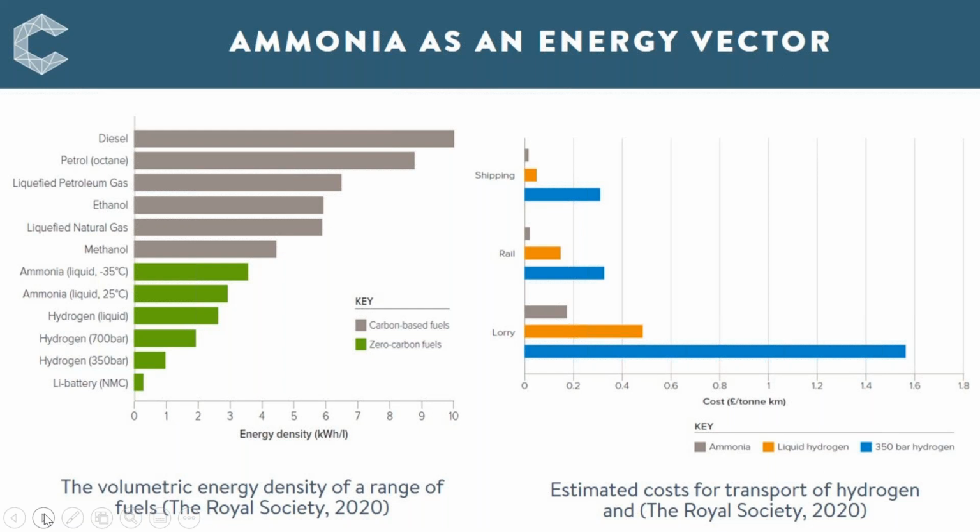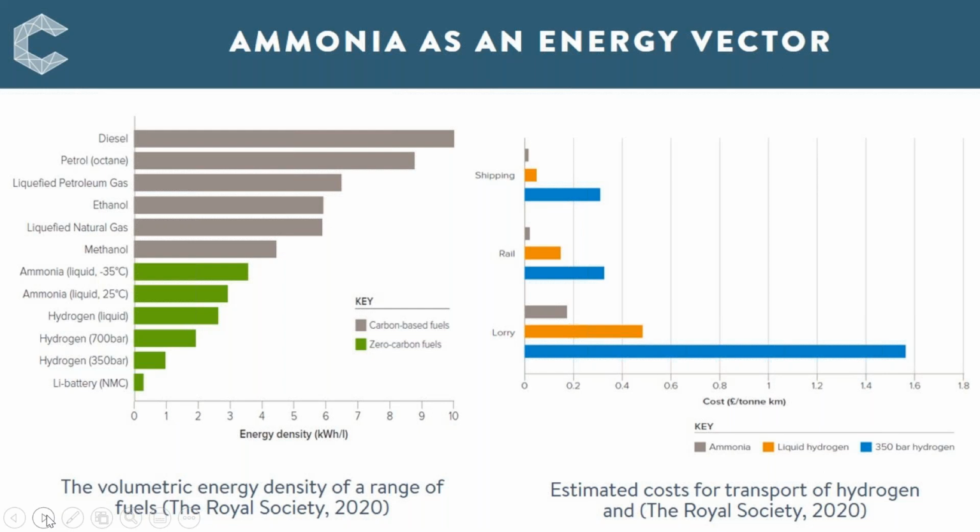This means that ammonia can be stored in liquid phase in a simple, inexpensive pressure vessel and be distributed by various means such as railways, ships, pipelines, and storage depots. Liquid ammonia has an energy density of about 3 kilowatt-hour per liter, which is lower than but comparable to fossil fuels, as you can see from the left figure of this slide.